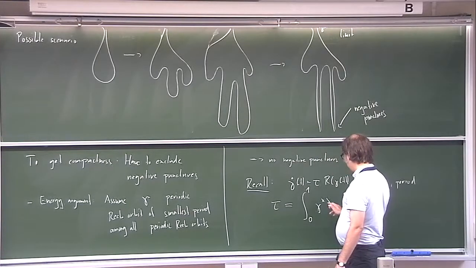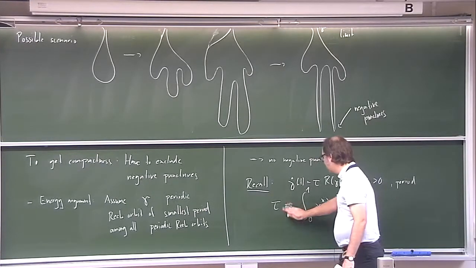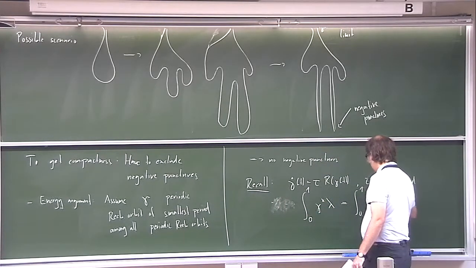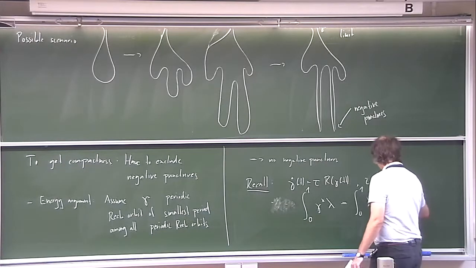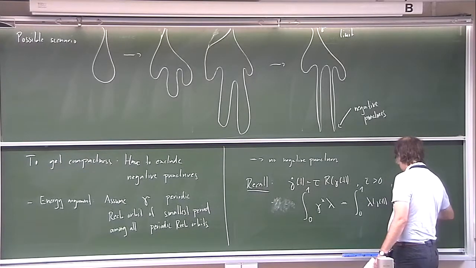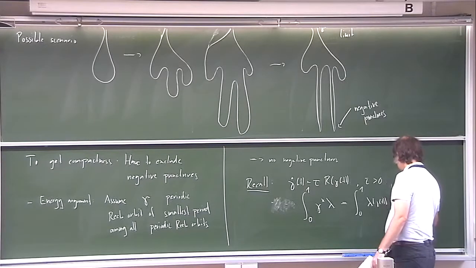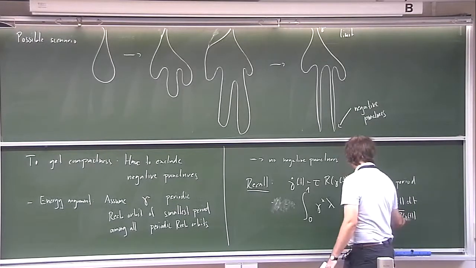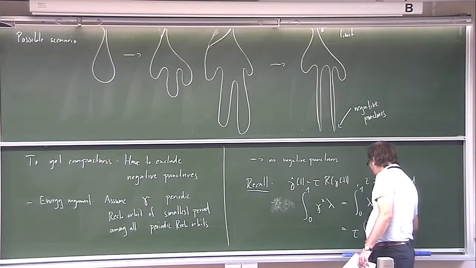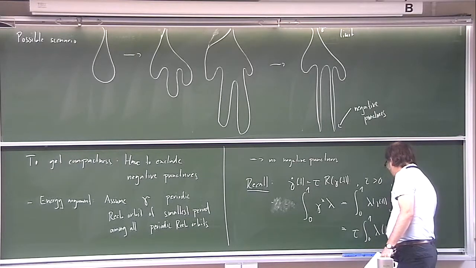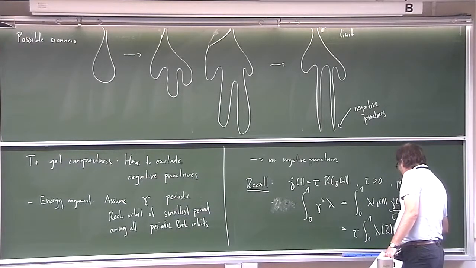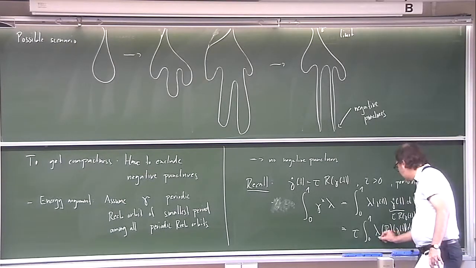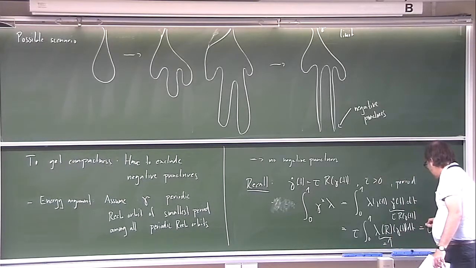Why is that? Gamma star lambda is the integral from 0 to 1 of lambda at gamma of t applied to gamma dot of t dt, and gamma dot of t is just tau R at gamma of t. We take tau out, so this is the integral from 0 to 1 of lambda of R at gamma of t dt, but by definition of the Reeb vector field, lambda of R is 1. So this is just tau.